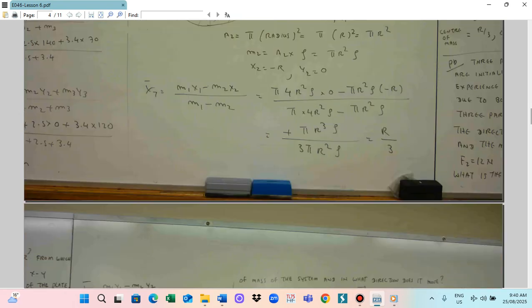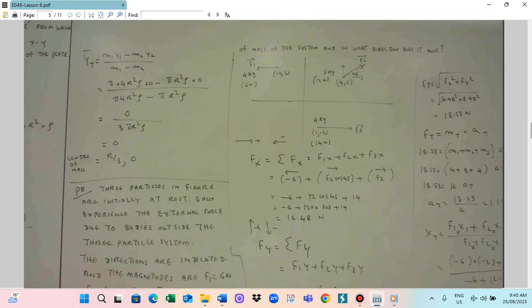In the meantime, YT also can be calculated. So then we use M1 Y1 minus M2 Y2 divided by M1 minus M2. So the M1 value is pi into 4r square into rho, minus M2, M2 is pi into r square into rho.